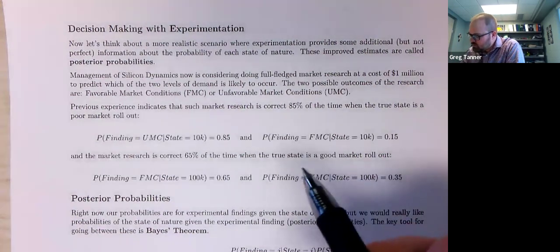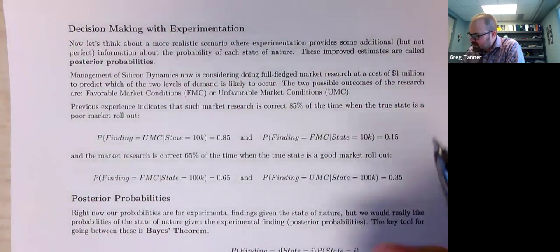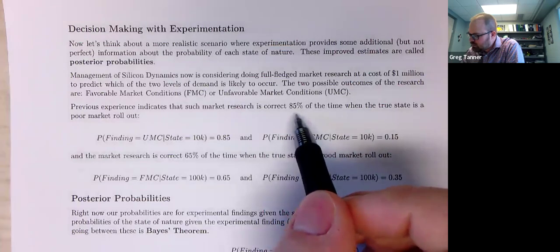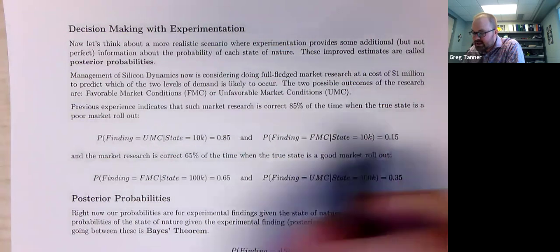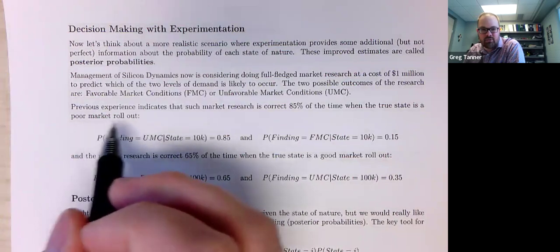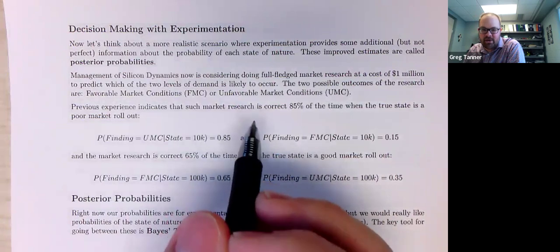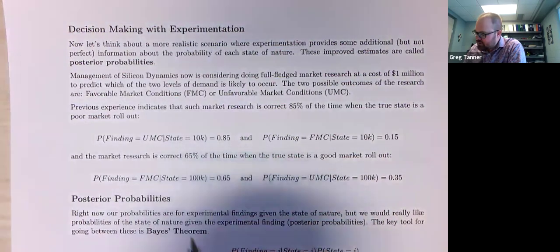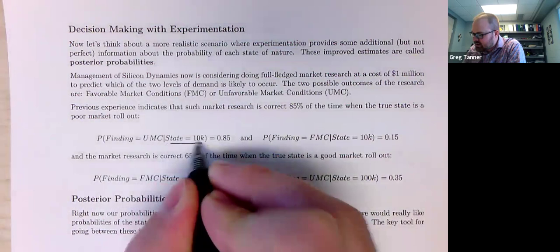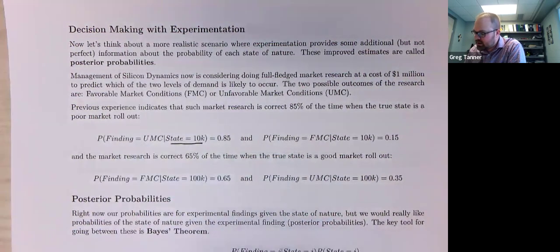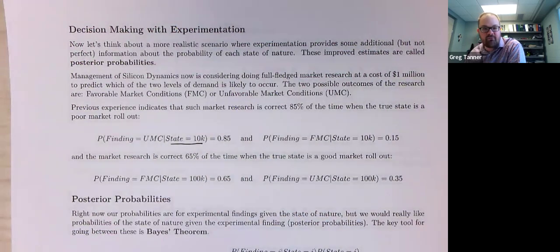But from past experience, we know that when the true state is a poor market rollout, then the market research tends to be correct 85% of the time. And so if the actual state is only selling 10,000, the probability of saying unfavorable market conditions is 85%.